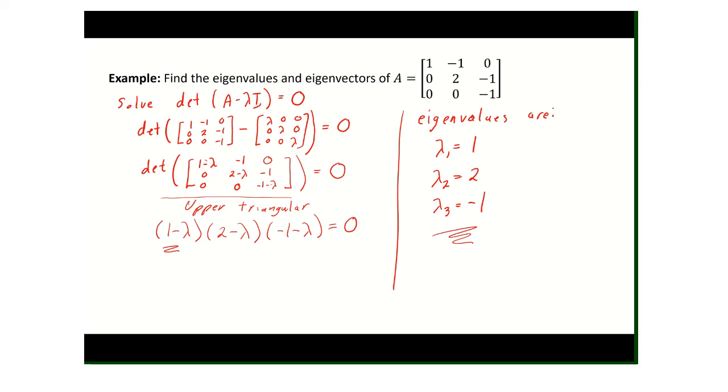So now, the next step is to figure out what the eigenvectors are that are associated with it. So let's take this one as an example. We're going to find the eigenvectors that are associated with that eigenvalue. So the way we did that was we were looking for A minus lambda times the identity times x equals 0.